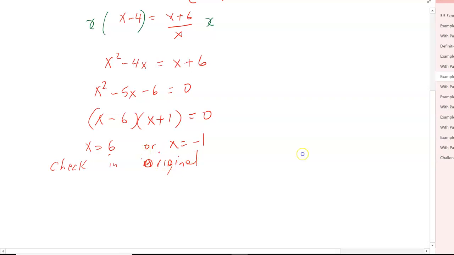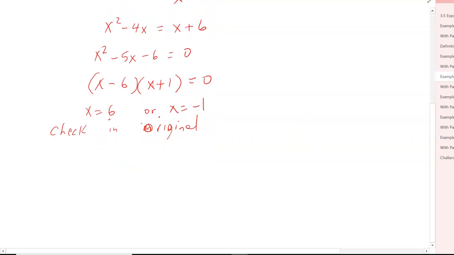If we check these in the original, when x equals 6, we plug in x equals 6 there. So ln of 6 minus 4 equals ln of 6 plus 6 minus ln of 6.